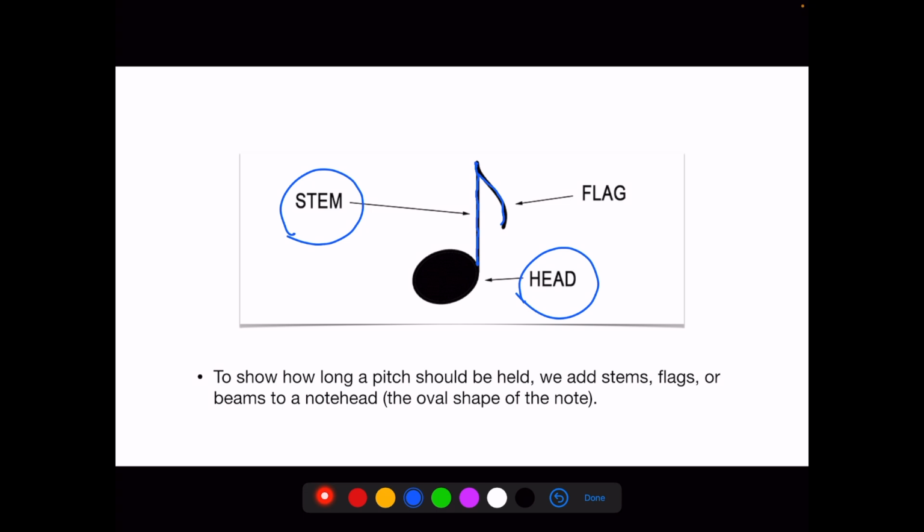And then we can use different combinations of these to indicate the duration that we want. So here you can read, it says, to show how long a pitch should be held, we add stems, flags, or beams to a note head, which is the oval shape of the note.